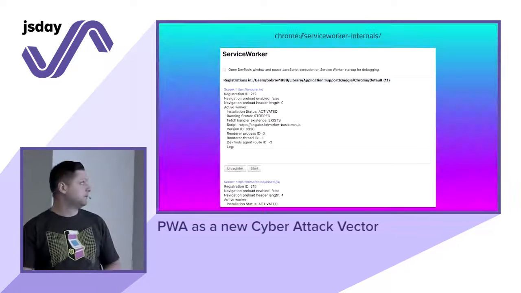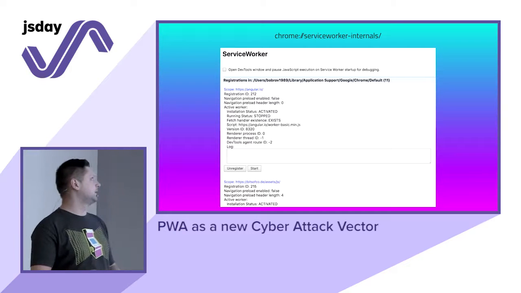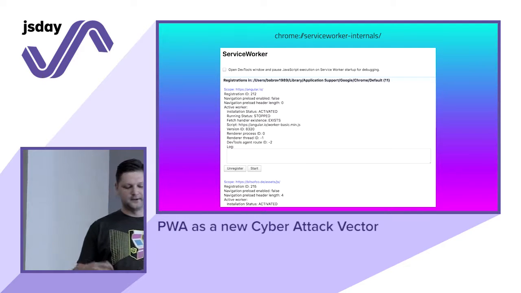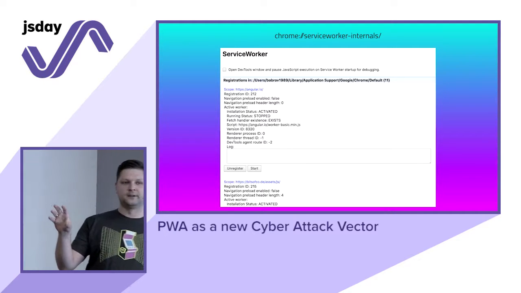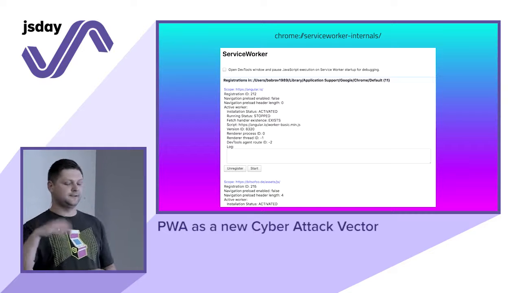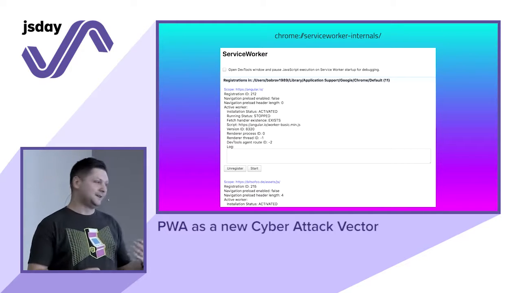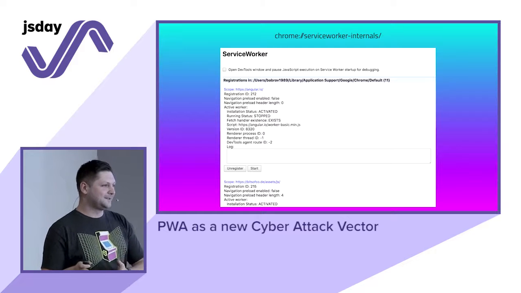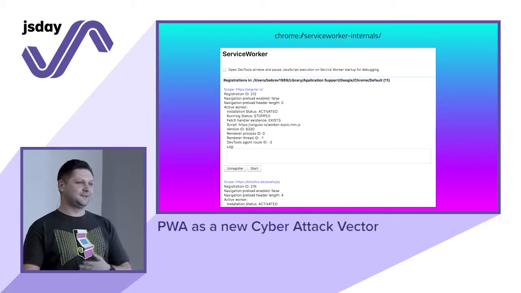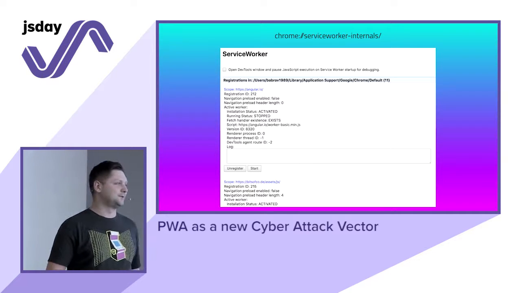Also, in Chrome we have service worker internals, which also allows you to view the activated service workers, their status, and so on. But for a non-developer user, it's not clear, it's hidden. Nobody will search for such things.